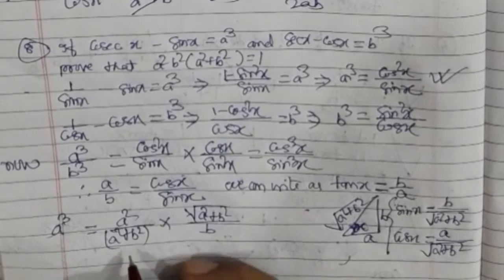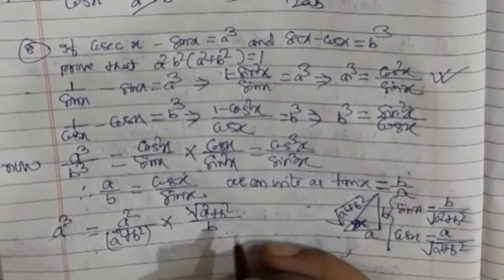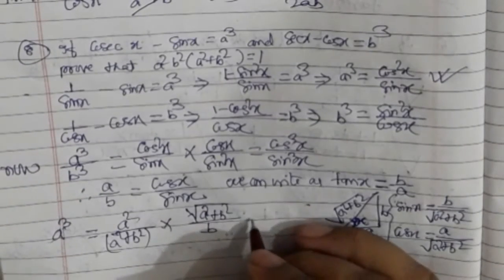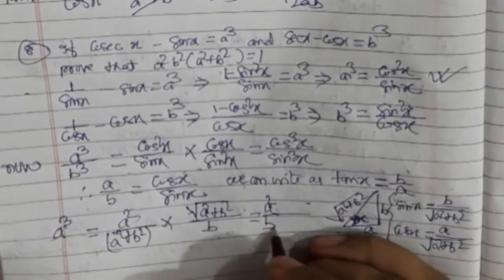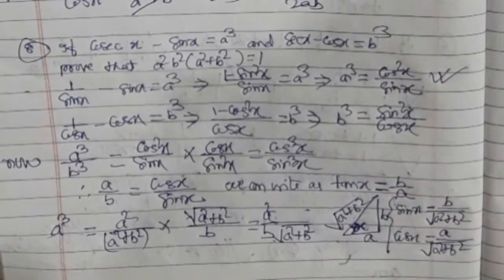Now we can write this as a square by b root over a square plus b square.